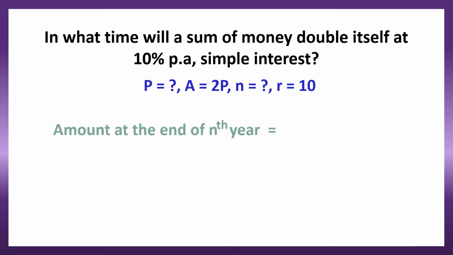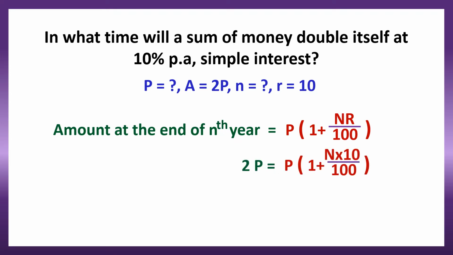Now we can apply the formula: amount at the end of the nth year is equal to P into 1 plus NR divided by 100. So the amount is 2P. 2P is equal to P into 1 plus N into 10 divided by 100. N is unknown but R is known.